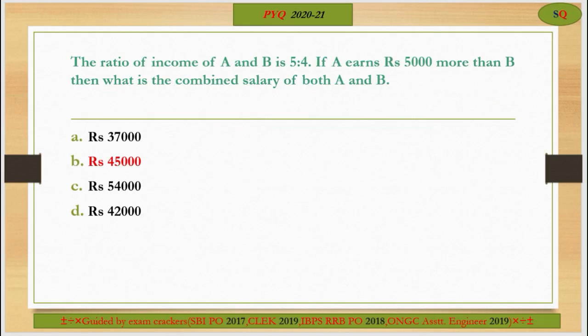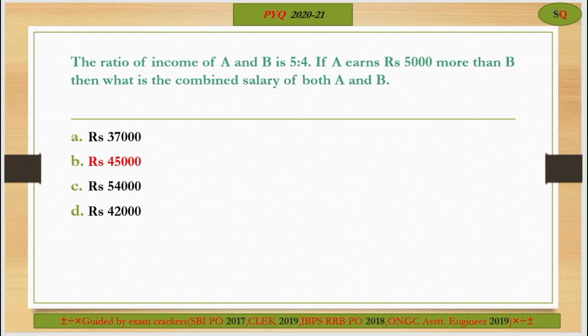Next question. The ratio of income of A and B is 5:4. If A earns rupees 5,000 more than B, then what is the combined salary of both A and B? It is very easy. This question is from partnership.